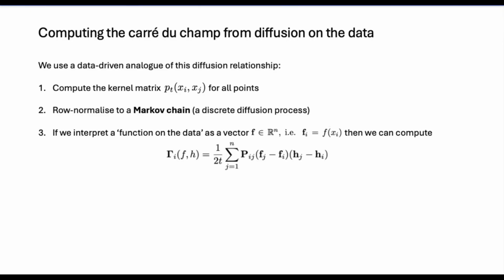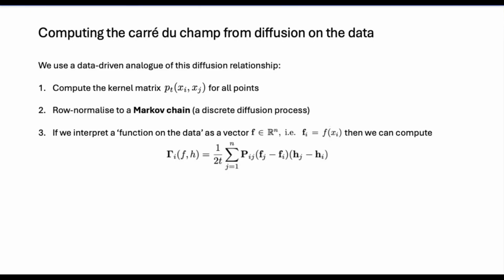And then a function here means a function on the data. If you have n points, a function is like a vector in R^n given by its evaluations everywhere. We can just swap in the formula that we had before with this discrete version. This is like doing the integral, but where we're now using this discrete object instead. So swap the sum for an integral, and that's this covariance thing from before.